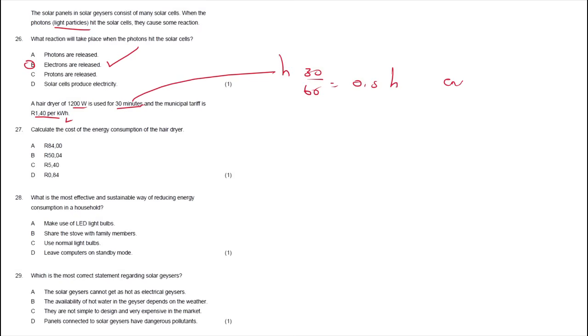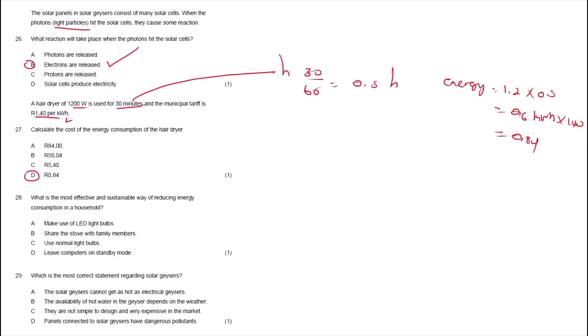This basically means that our energy will be equal to 1.2, which is the 1200 watts, multiplied by 0.5, and this will give us 0.6 kilowatt hours, which we then multiply with the rate, which is 1.40, and this will give us 0.84. So the correct answer will be D.